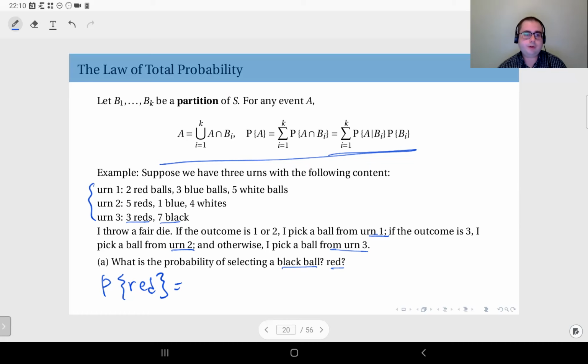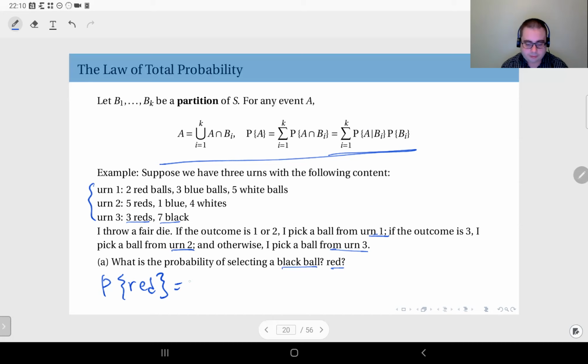Because using urn number 1 or urn number 2 or urn number 3 is essentially a partition, or if you consider the die, the outcome 1, 2, and the outcome 3, and the outcome 4, 5, 6, those 3 form a partition.